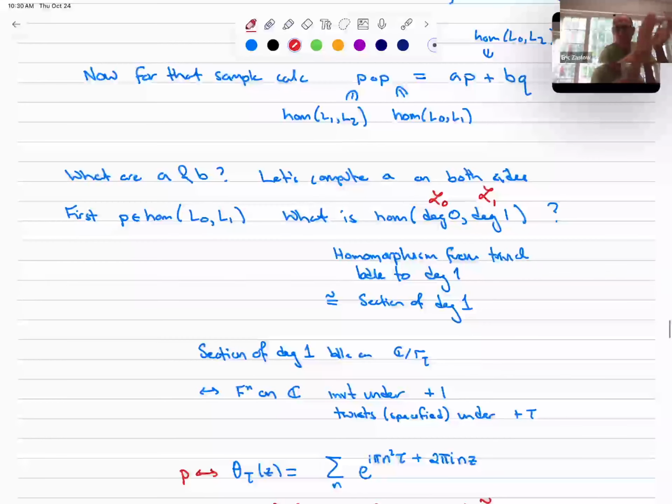Okay, so notice we didn't just have to map the objects to one another, because the category has more than objects. It also has morphisms between objects. So we had to map the objects to the objects, and the morphisms between two objects to morphisms between two objects. And the morphism between L0 and L1 are described by this theta function.